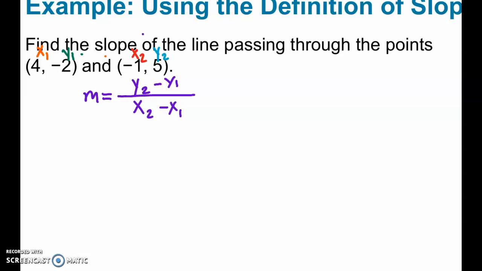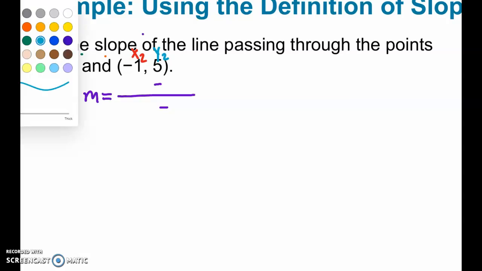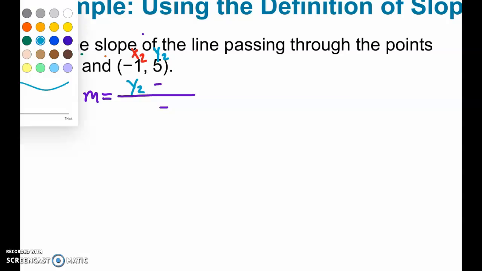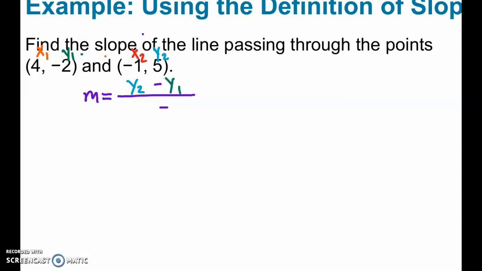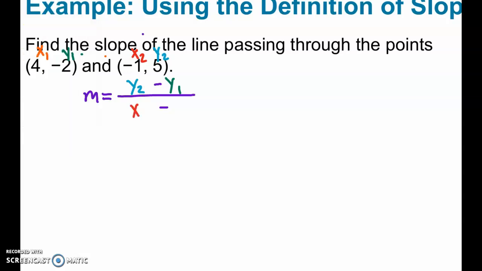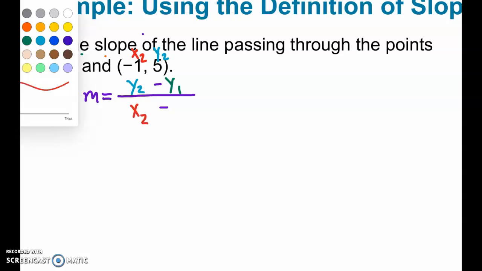So this is how I labeled it, this is my first point and this is my second point. So let me just put these in with the corresponding colors. So y2, y1, x2, and x1.